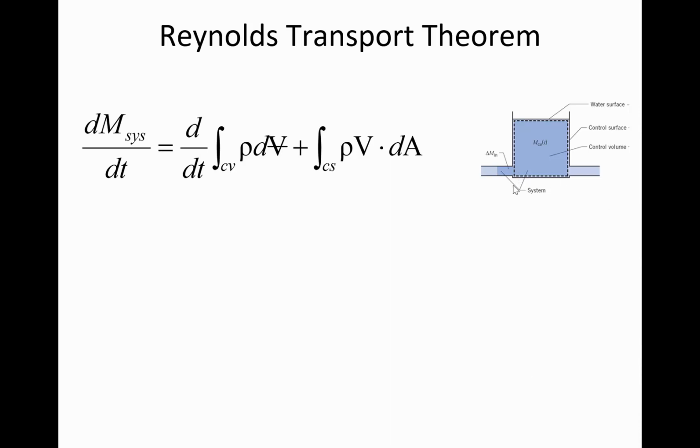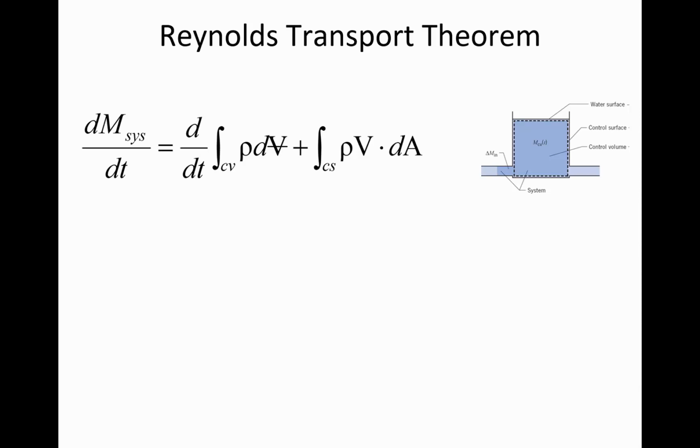And what we defined the system as was a continuously connected number of particles, and the number of particles that were in the system stayed the same over time, but the location of the system could change, and the shape and location of the control volume could also change over time.